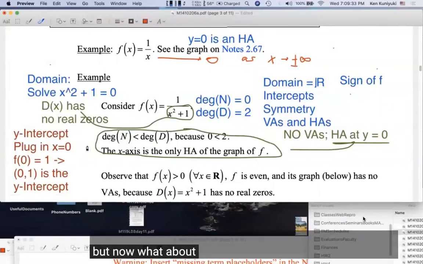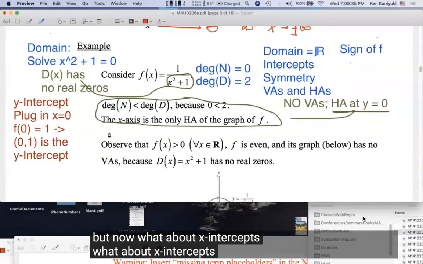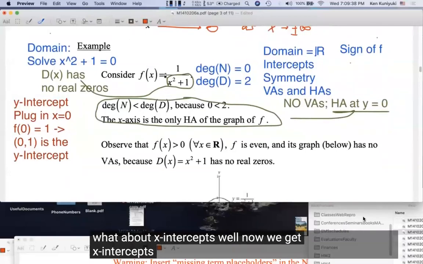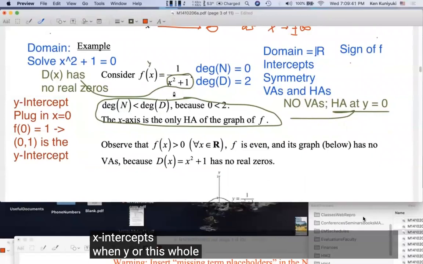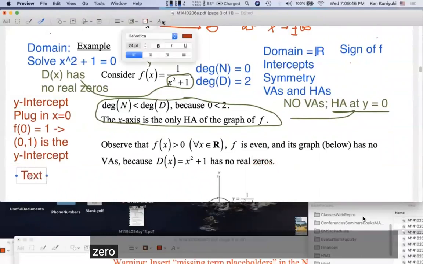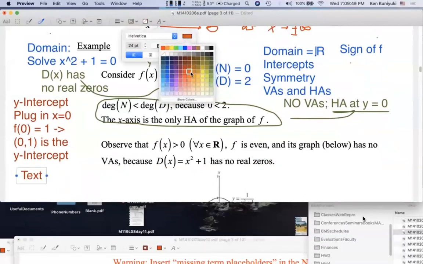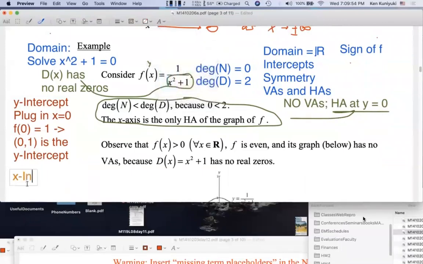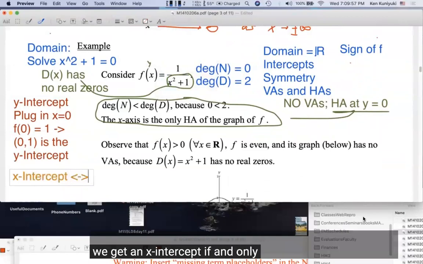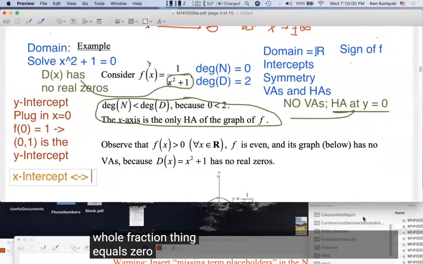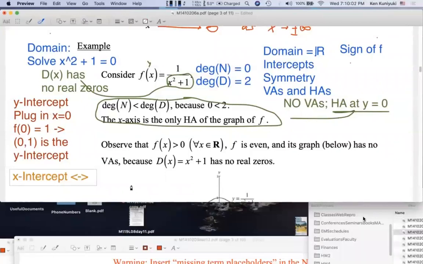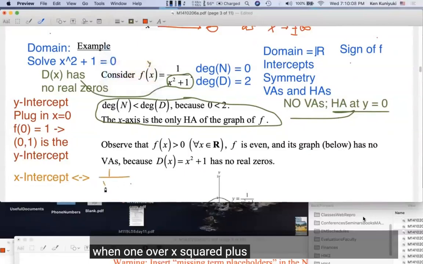But now, what about x-intercepts? Well, now we get x-intercepts when y, or this whole thing here, equals 0. We get an x-intercept if and only if the whole fraction equals 0. When 1 over x squared plus 1, the function, the fraction, is equal to 0.